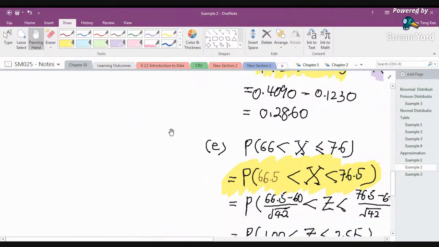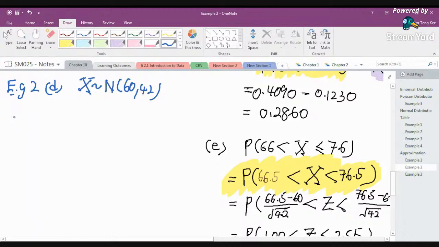It is not finished yet. I missed one question. Refer back to example number 2, question D. I missed this question and only just realized. So let me rewrite the distribution involved here. We have X following a normal distribution, 60, 42.